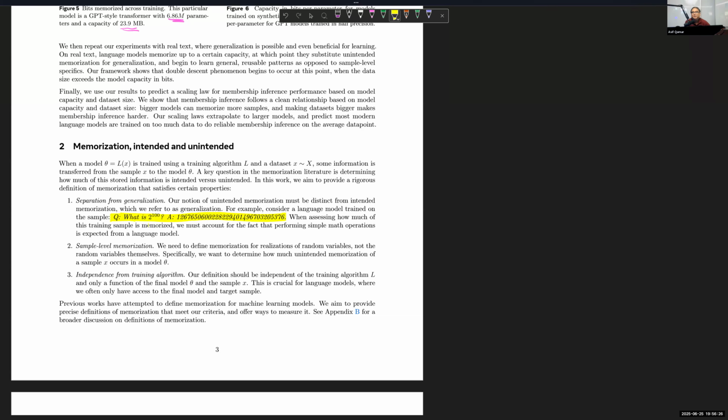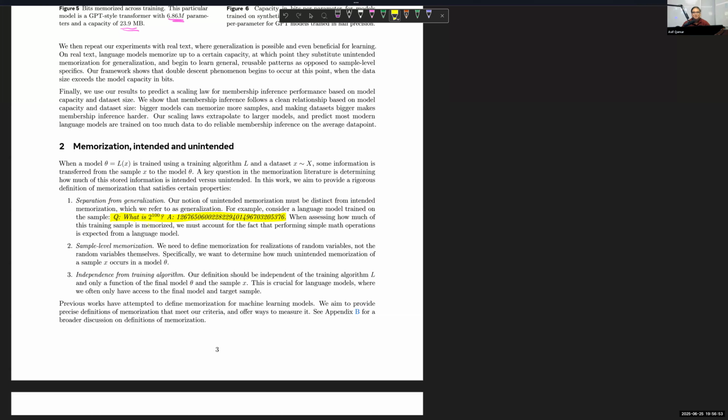Can you therefore assume that if it produced the answer, it came from memorization? What they are saying is that's not so simple, because it might have learned to generalize. It might have learned to actually do the math, right? And so you need a more sophisticated and mathematically sound measure of memorization and of generalization.